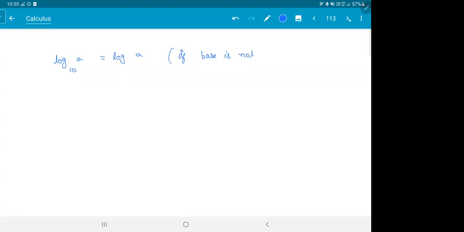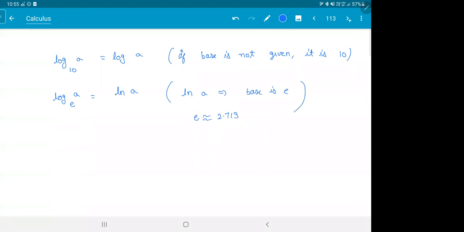If the base is not given, it means base 10. We write log a to the base e as ln a. So if you write ln, it implies the base is e. What is e? e is a constant just like pi, which is 2.718.